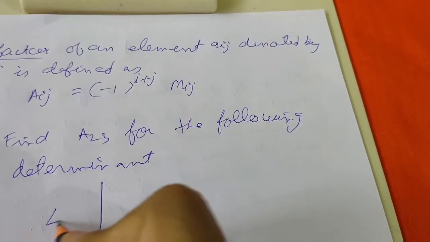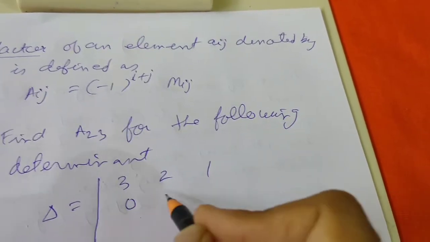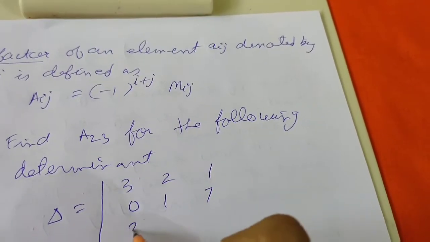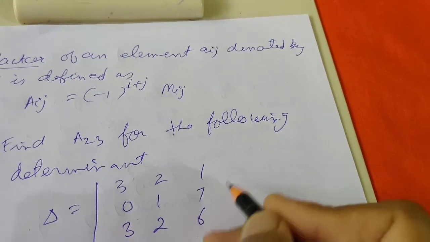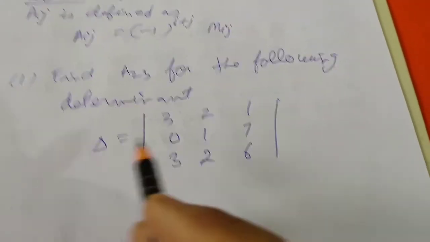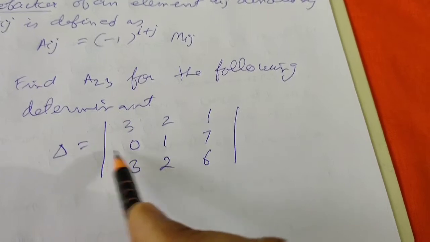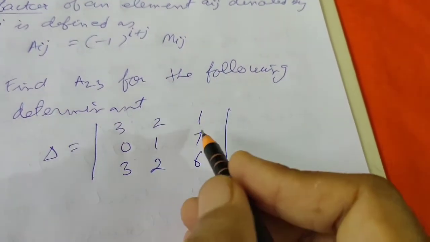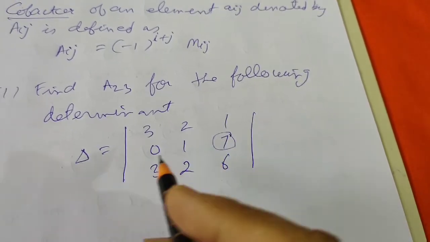The determinant is like this: delta equal to, suppose I take 3, 2, 1, 0, 1, 7, 3, 2, 6. Here A23 means the element in the second row and third column. This 7 is our A23, second row and third column.